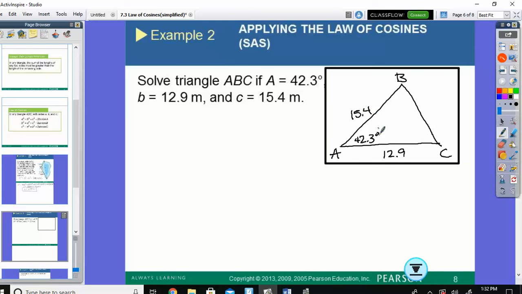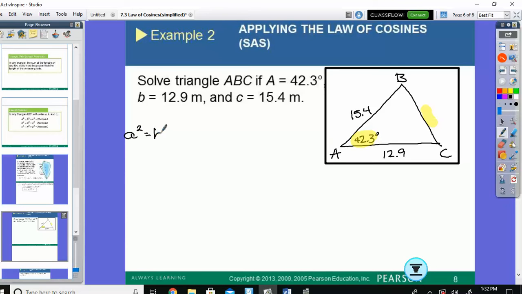Side C 15.4. I always check. Law of sines is a little bit easier, but is that an option here? No. I can only do law of sines if I have an angle and the side across from it. So we have to do law of cosines. So let's find side A first.